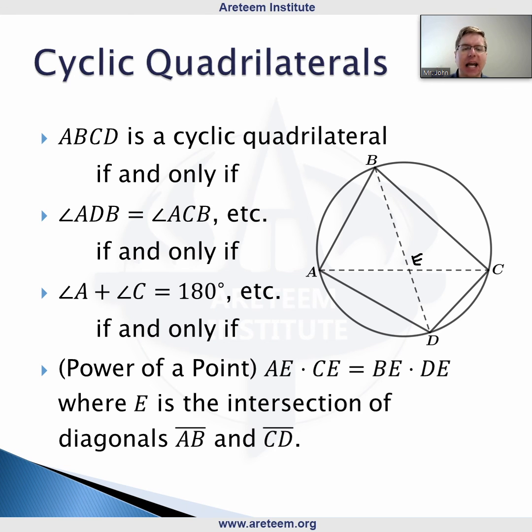And in this case, AE times CE equals BE times DE as well. So when we have these intersections, this is going to be true as well. So that is all some great things that we can know about cyclic quadrilaterals.